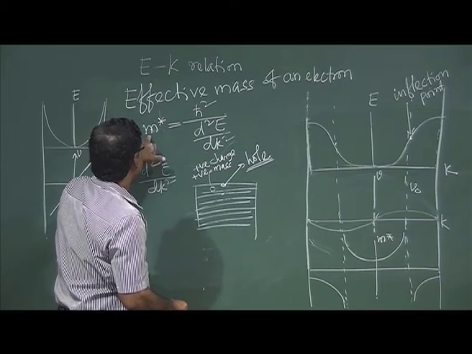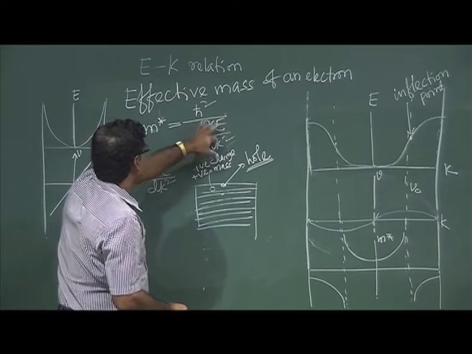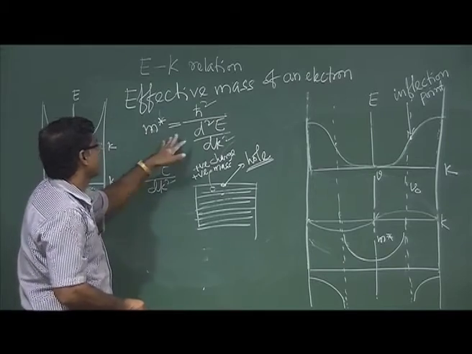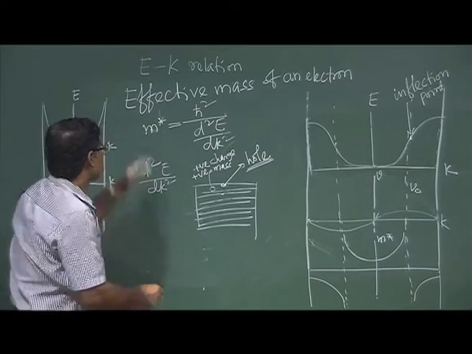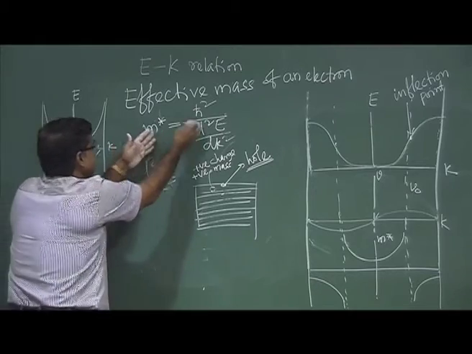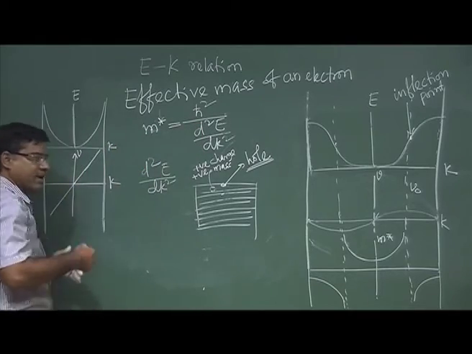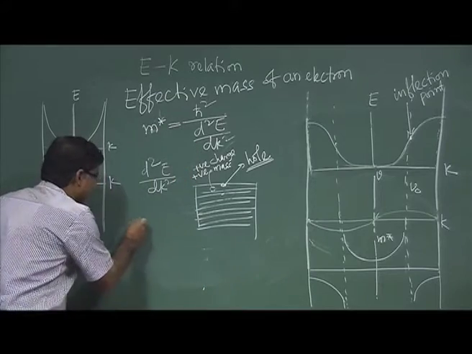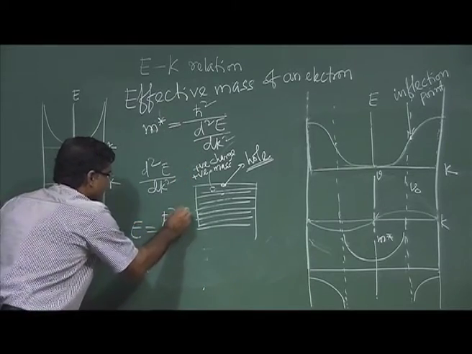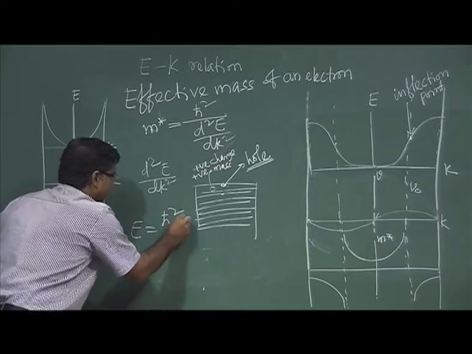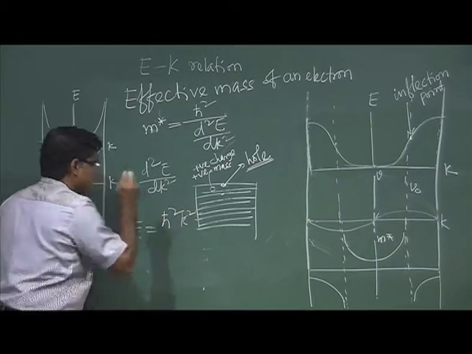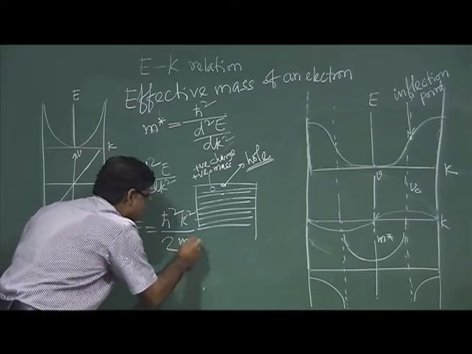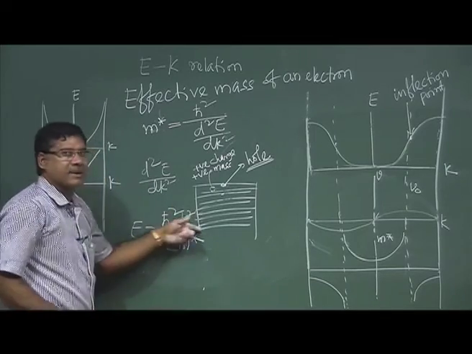From the E-k relation, I have shown this for the free electron, that is m star equal to m. So this is the general definition. For a free electron, the energy expression is E equal to h cross square k square by 2m; replace this m by m star, the effective mass.